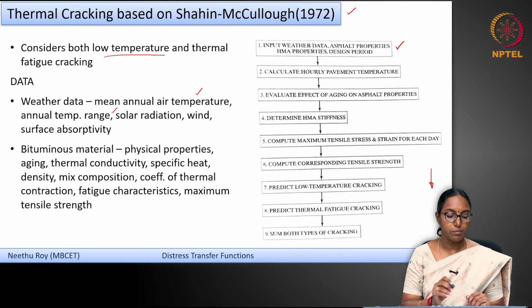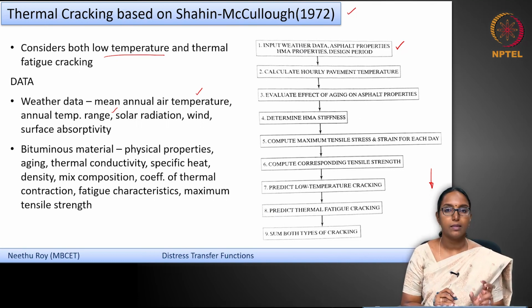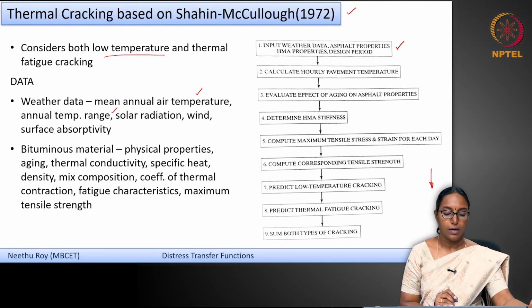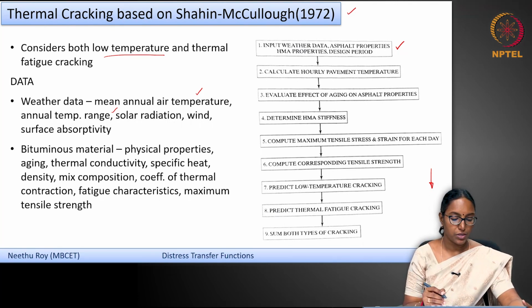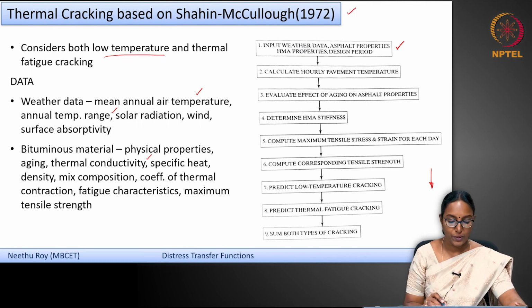And the second one is the bituminous material. It is the bituminous material that undergoes this thermal cracking phenomenon. So in the bituminous material, you need to give all the physical properties of the material, then the aging that happens because of exposure to temperature or environmental conditions, then thermal conductivity, specific heat, density, the mix composition, the coefficient of thermal expansion of the material, the fatigue characteristics, and the maximum tensile strength of the material.